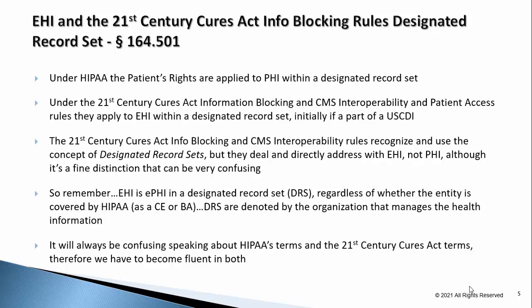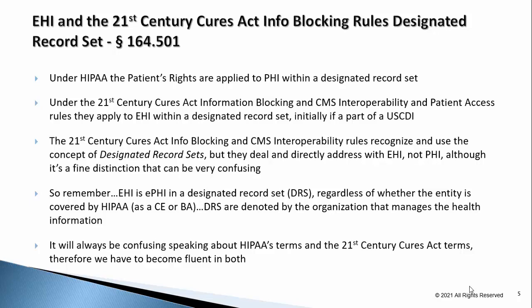You have to be able to enumerate which data classes will go into your designated record set, which is, again, the record sets where you make decisions about patients or create medical records or billing records.